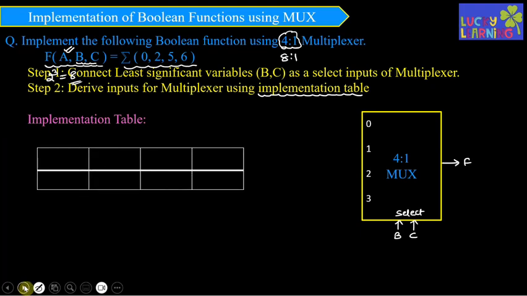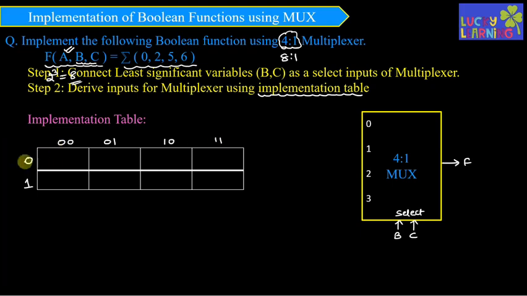Because I am going to implement using 4:1 multiplexers, there are 8 cells and the 8 cells are divided into 4 cells and 4 cells. This is a cell representing 0, this is a cell representing 1, and this is a cell representing 0, 0, 0, 1, 1, 0, 1, 1.